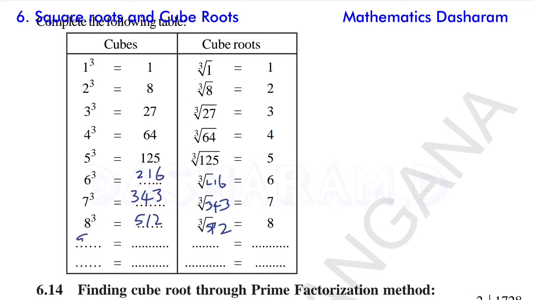Next, 9 cube. 9 into 9 into 9 is 729. So the cube root of 729 equals how much? 9 is the answer. Next, 10 cube. 10 into 10 into 10 is 1000. Then cube root of 1000 equals 10.